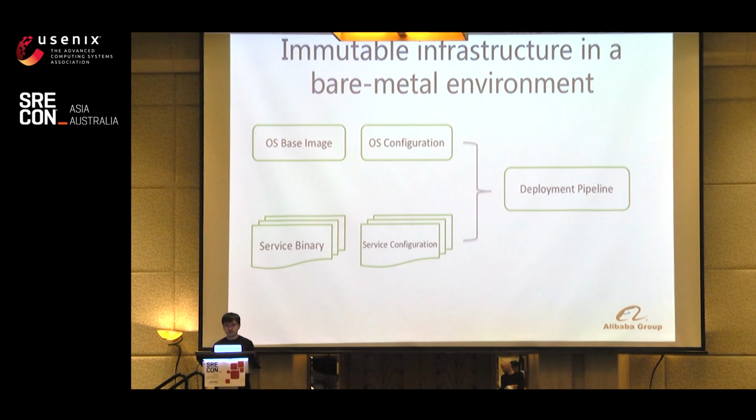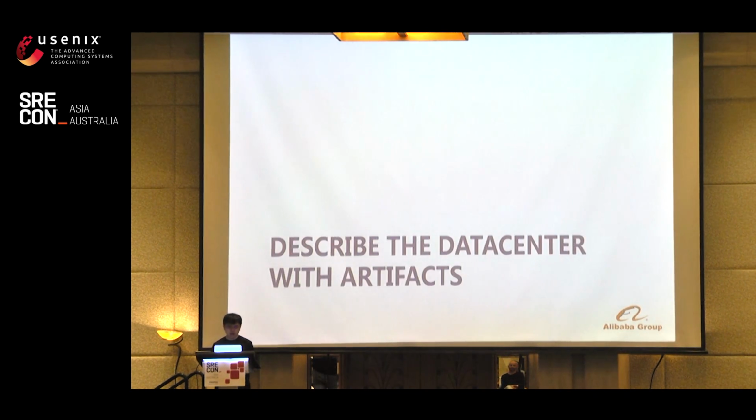So the next thing is how to describe the data center with artifacts. Because when we do capacity planning, there are many things we need to think about. We need to think about the business requirement, for example, when we open a new data center, what kind of service we want to provide in it.